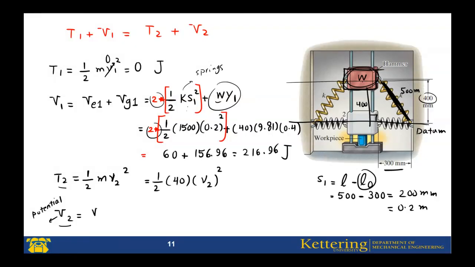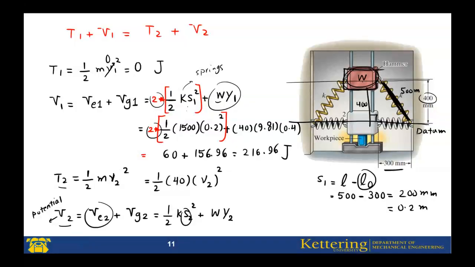Now, if I write this one, it's a potential energy because of the elastic spring at state 2 plus potential energy because of the gravity at state 2. This is equal to 1 over 2 k S2 squared plus the weight multiplied by Y2.